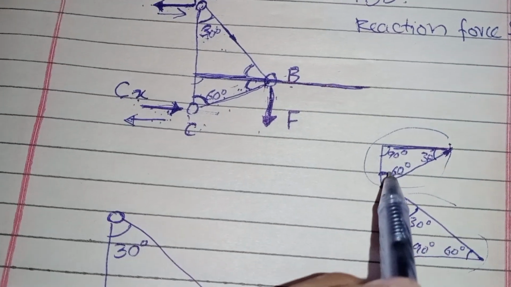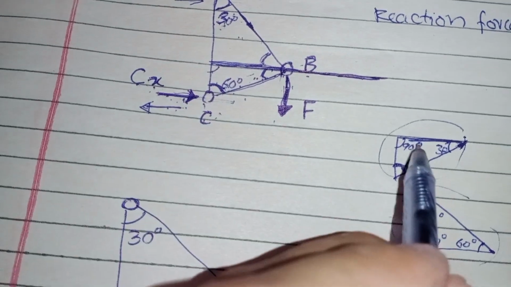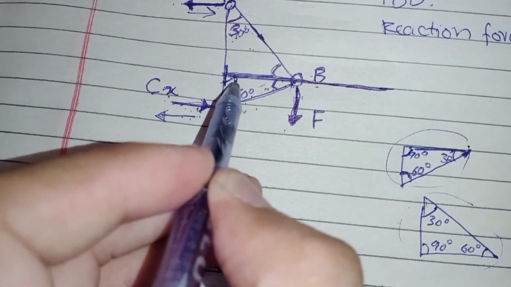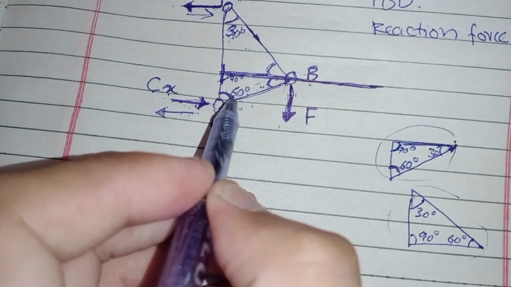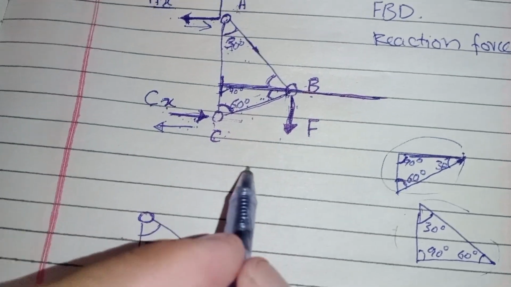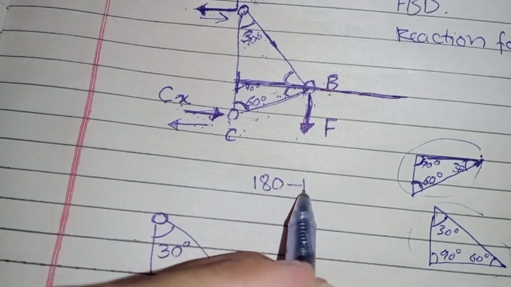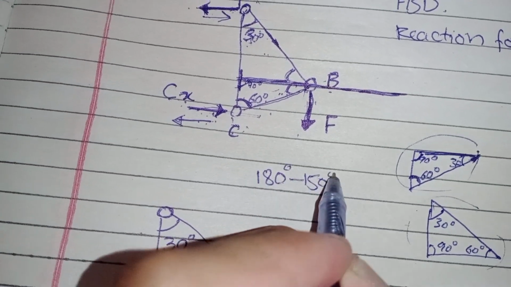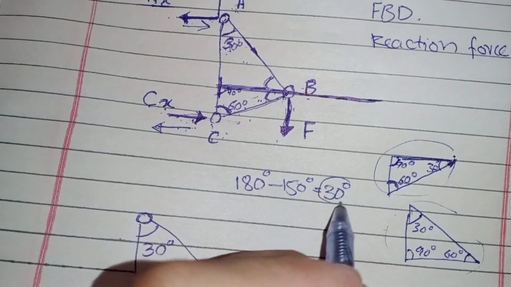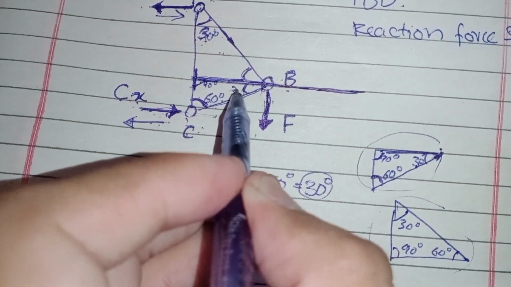Okay, so in the first triangle there is 60° here and 90°. This is perpendicular, at 90°. So 90° plus 60° is 150°. And if you subtract, 180° minus 150°, you will get 30°. So this angle will be 30°.